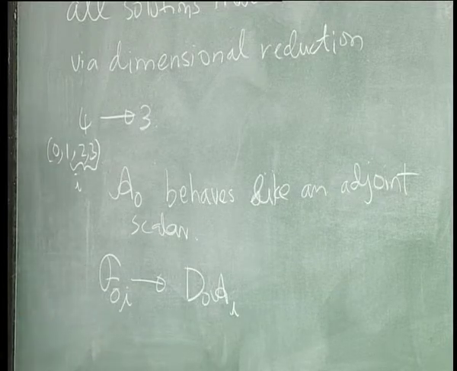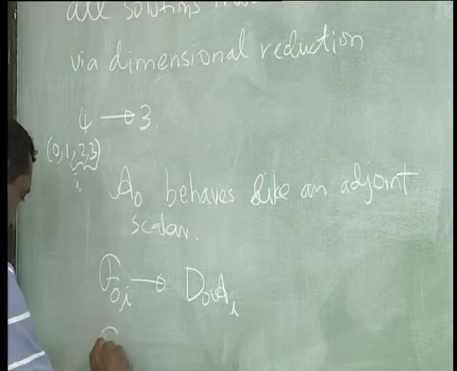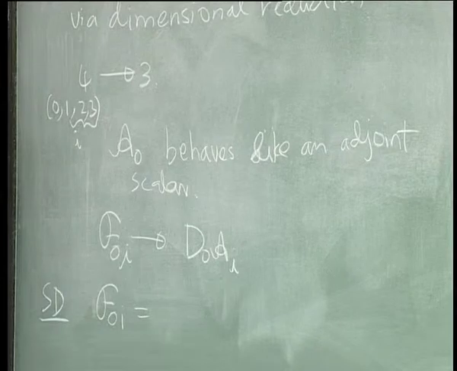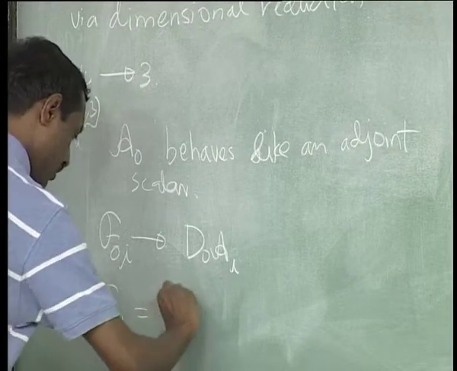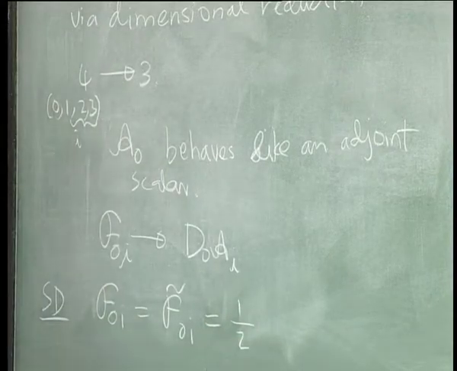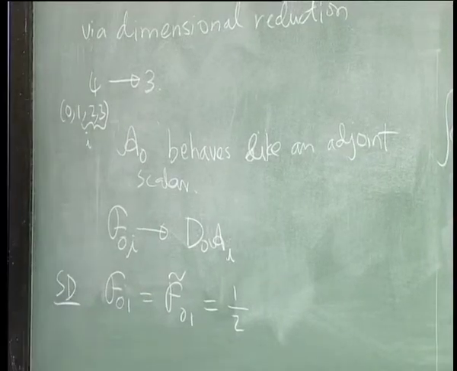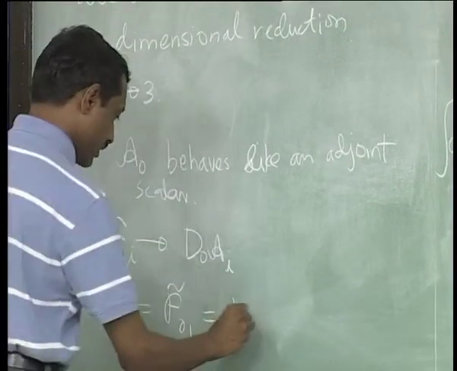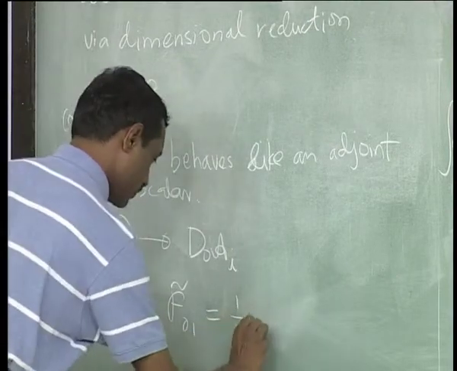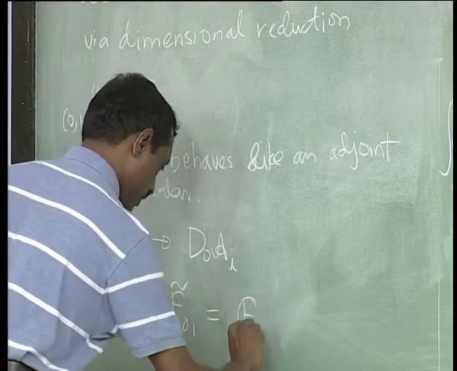What that tells you is that for self dual equations F0I is equal to F tilde 0I, which is equal to half. Let us take F01 just to be concrete, others will just follow. What we will get is half of epsilon 0123, the half will go away, this just will become F23.